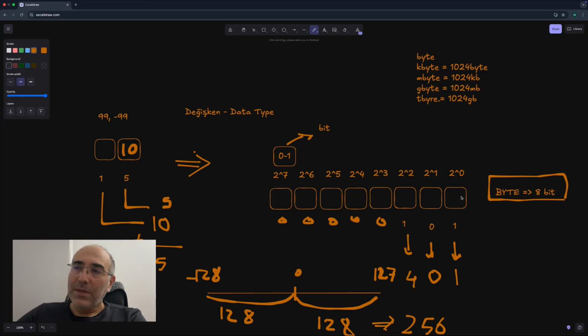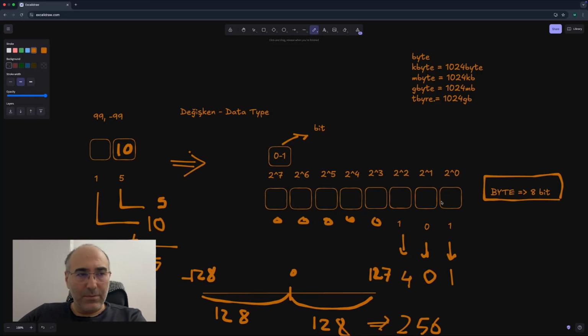According to what will this be determined? Look, friends, the capacity of these boxes to store data is 256 numbers. But the range I can reach is between positive and negative. Here's how you calculate it.